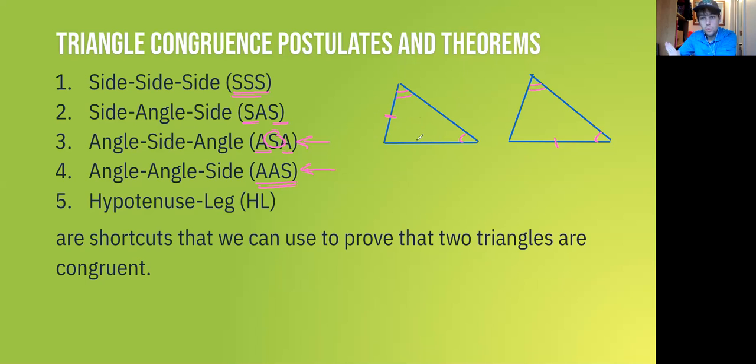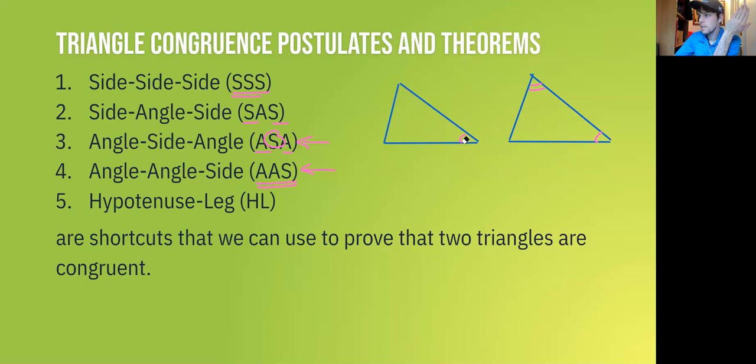So even though both of them are technically AAS and AAS, these two sides are not corresponding to each other. So this would not be AAS. We need to be careful when we're doing AAS that the side actually does correspond, because just being congruent is not enough. You could create a triangle like this, and these two triangles would not be congruent to each other.